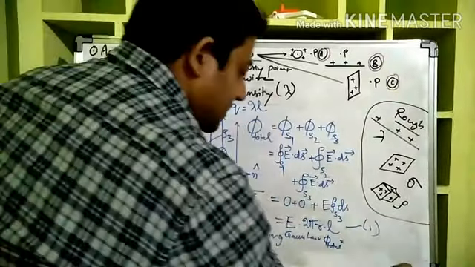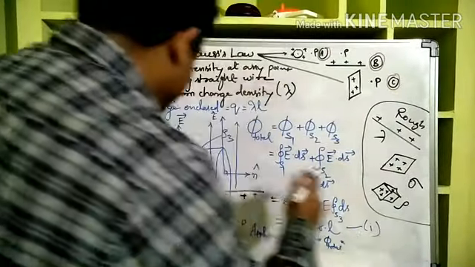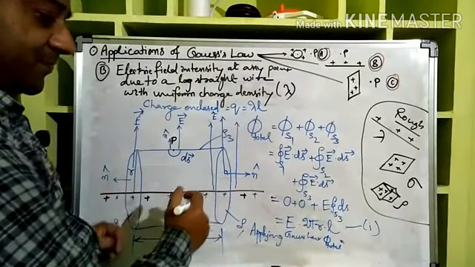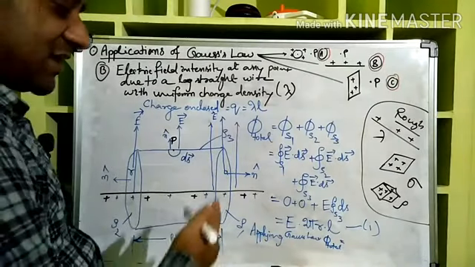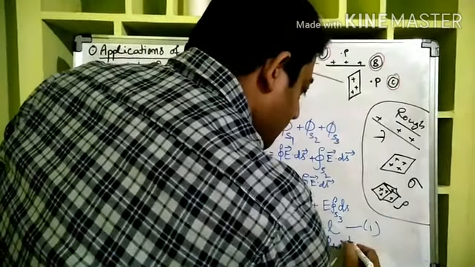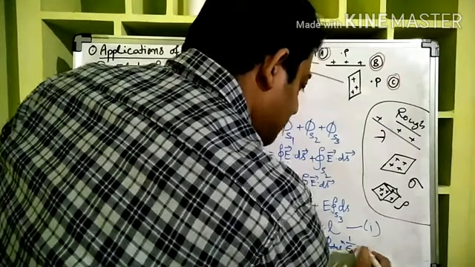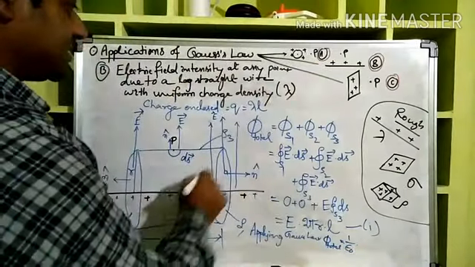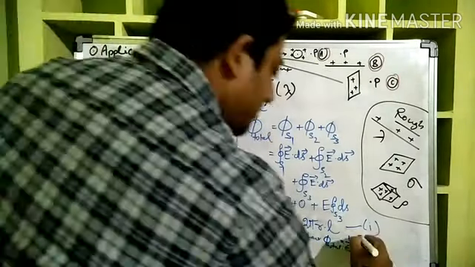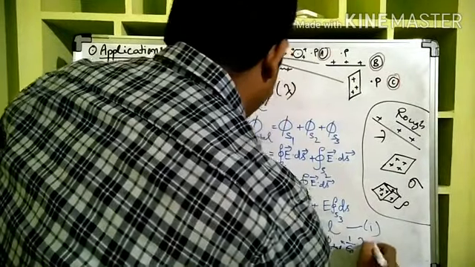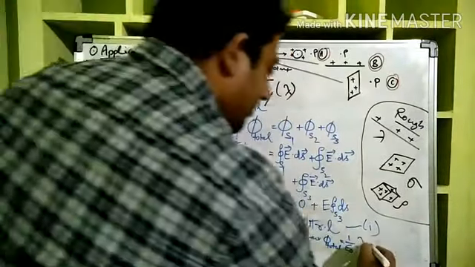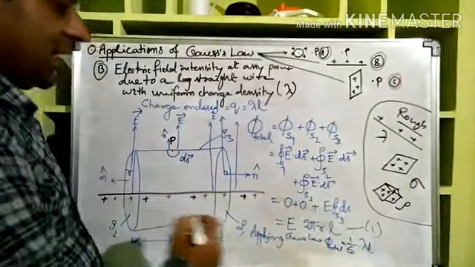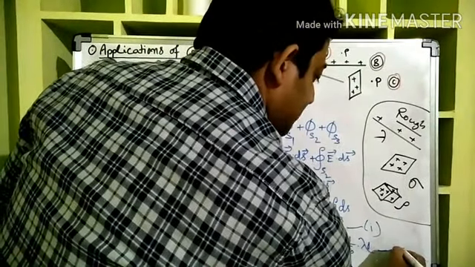Phi total is equal to the total charge enclosed in this surface divided by epsilon naught, 1 by epsilon naught times the total charge. And the total charge Q is equal to lambda into dl, yes or no? Lambda into L, yes or no? Lambda into L. Now let us make it equation 2.